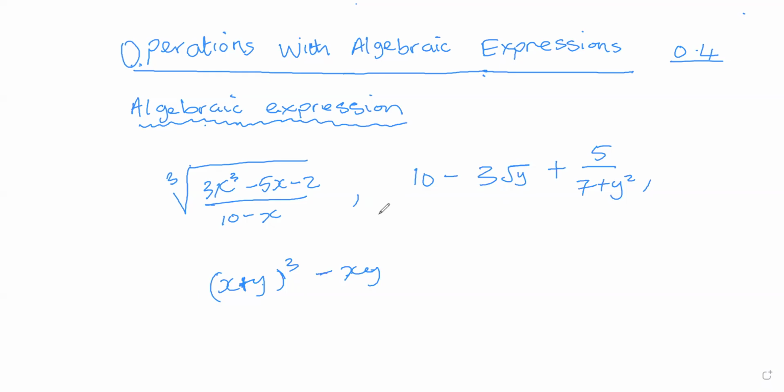Okay, so we can combine two or more algebraic expressions using any of the operations that I have just mentioned. Let's start with addition. We can add two or more algebraic expressions.